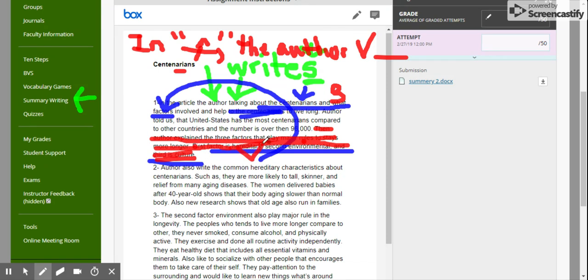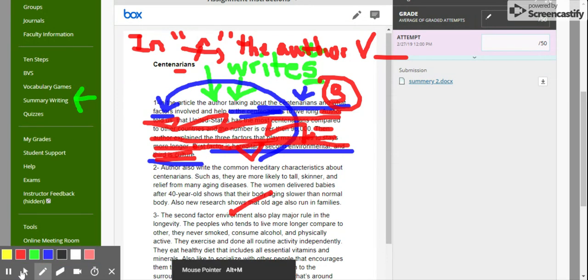The first one is hereditary. The second one is environment, right? The third one is culture. So take out, there's a whole bunch of this stuff that you can take out here and simplify by putting the complete main idea in that first sentence, right? So when you get, I'm writing all over your paper. I'm sorry, but it won't be for real.